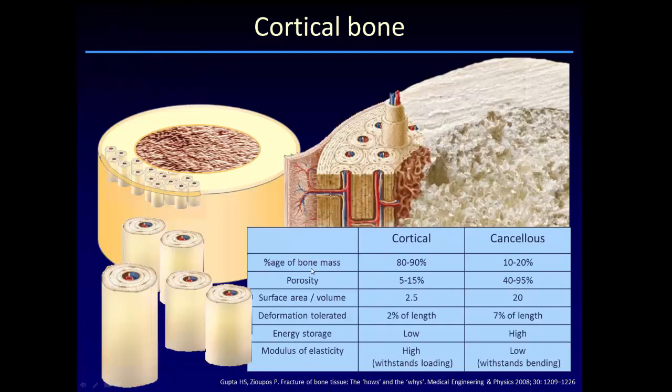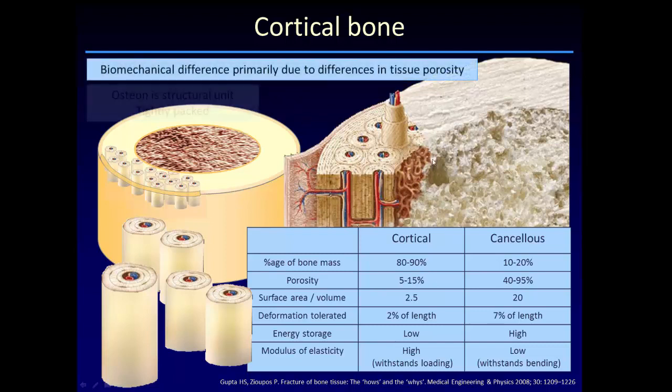The main feature of cortical bone that makes it different than cancellous bone is that it's very different in terms of its tissue porosity. By porosity, I'm talking about spaces in it. There's very little empty space inside cortical bone.